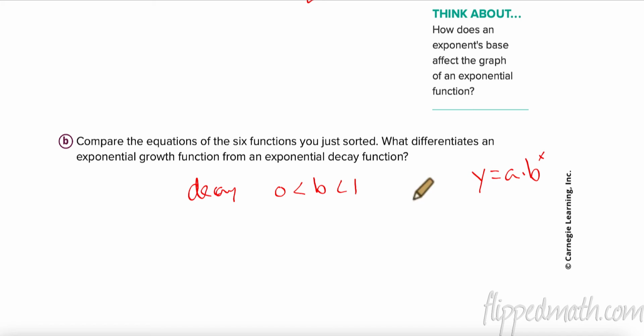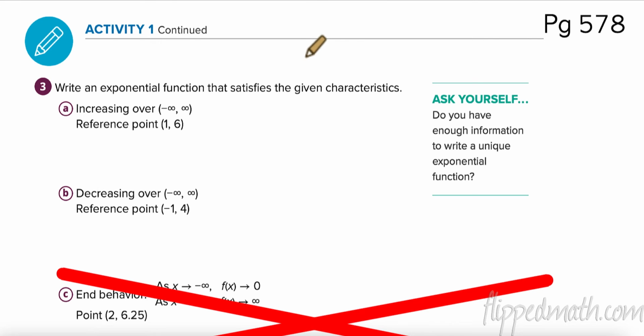When our ratio is between 0 and 1, we have decay, and we have growth when that b value is greater than 1, right? And if it were exactly 1, we're not really moving anywhere, are we? All right, so that's how you know the difference between decay and growth, and we talked about it as a graph as well.